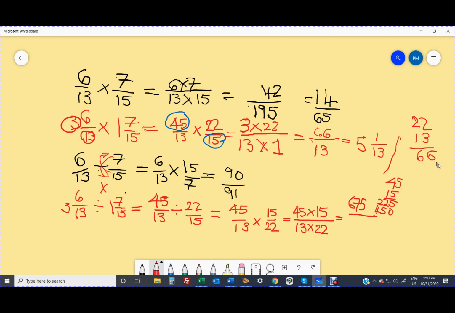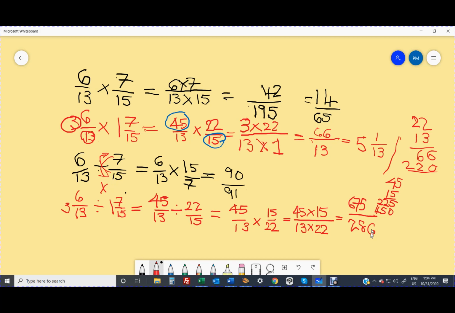So 1, 0, 0. 1, 2, 2. And 1, 2, 2. So the answer is 2, 8, 6. So over here we go 286. And we're getting there. So 286 into 675.